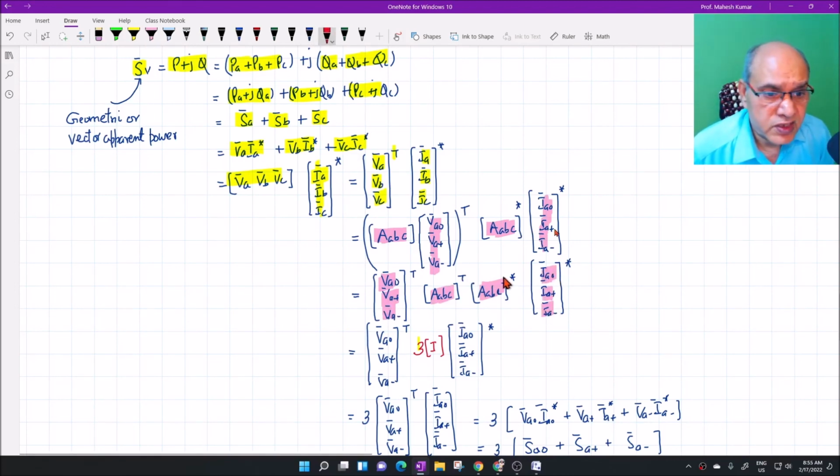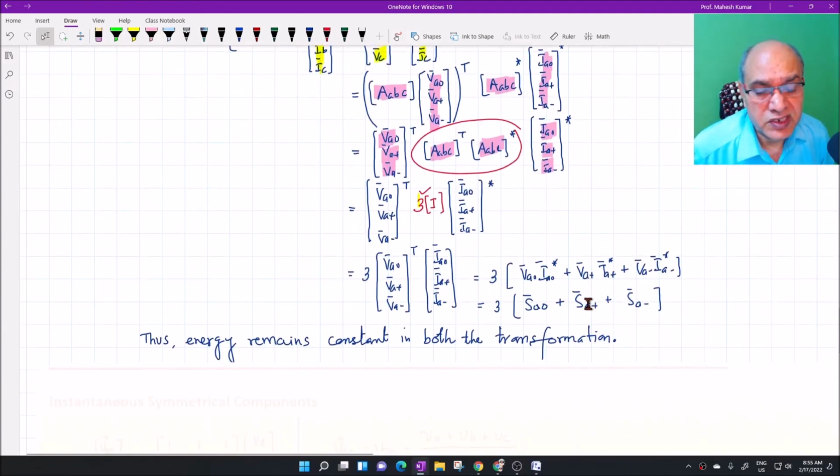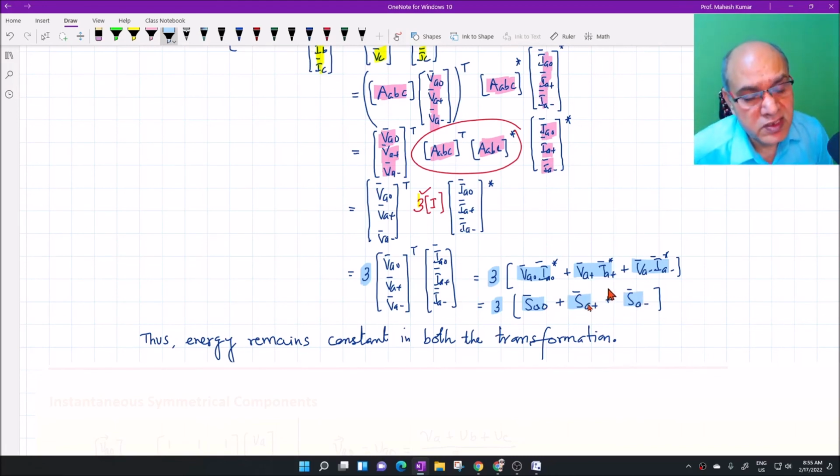And if you solve the multiplication of these two matrices, you will find this is the identity matrix, 3 into I. If you multiply these two column vectors, you will get 3 into BA0 IA0 conjugate, BA plus IA plus conjugate, and BA minus IA minus conjugate, which is nothing but 3 into SA0, SA plus, SA minus. So that means the power remains constant in both the transformations.